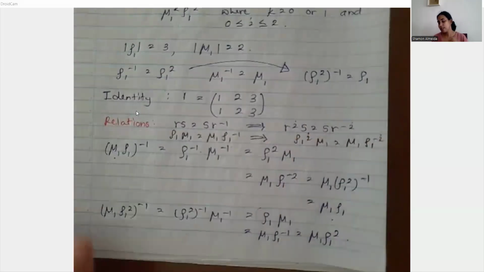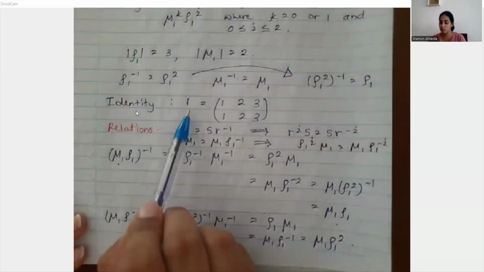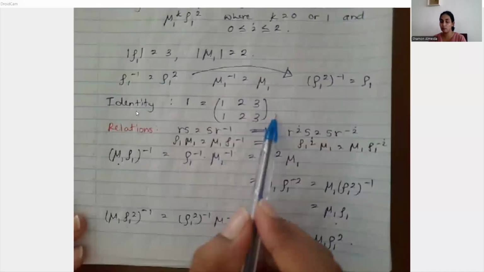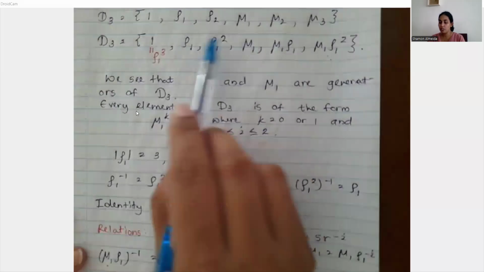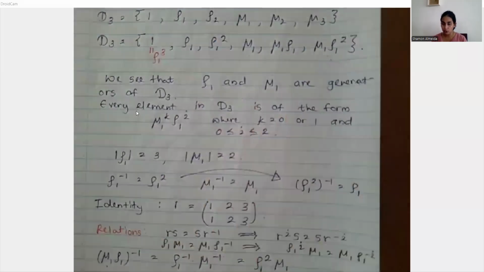Now you see in this group, even though I called it a group, we never proved all these axioms. The identity permutation over here is the identity of the group, right? It's closed under the binary operation: no matter which elements you take, the composition of those two will end up being an element in the set, right?